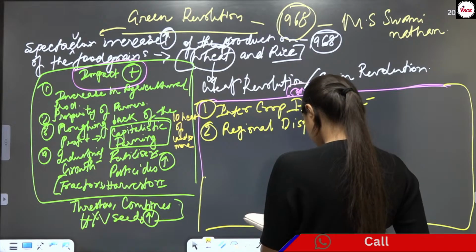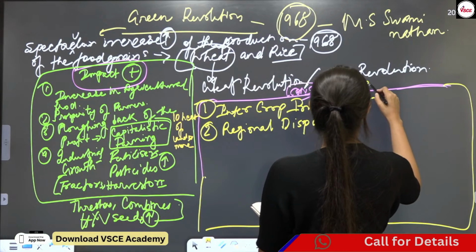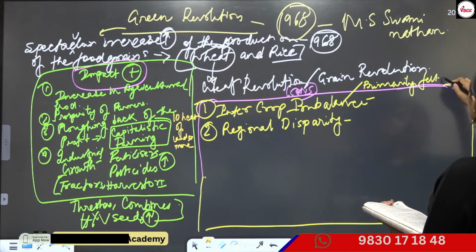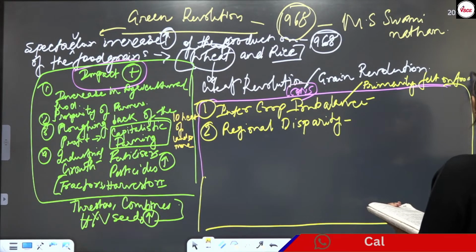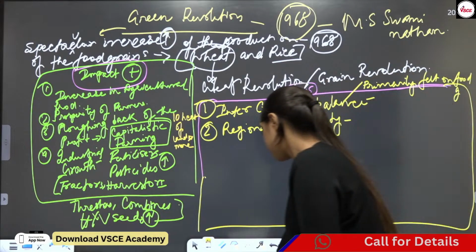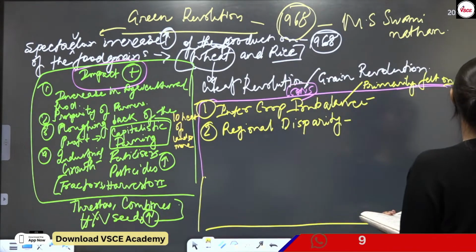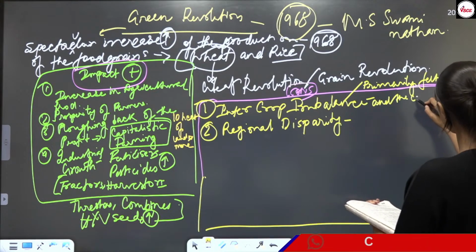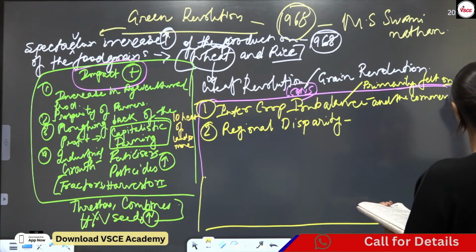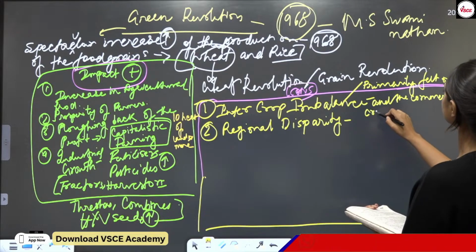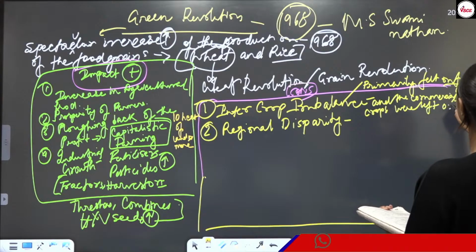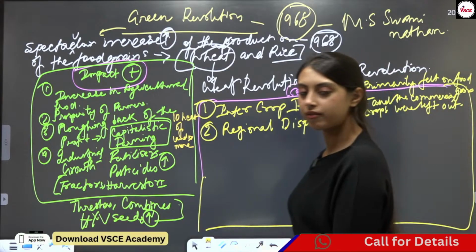This was primarily felt on food grains, and the commercial crops were left out. Visible, right? Visible to everybody.